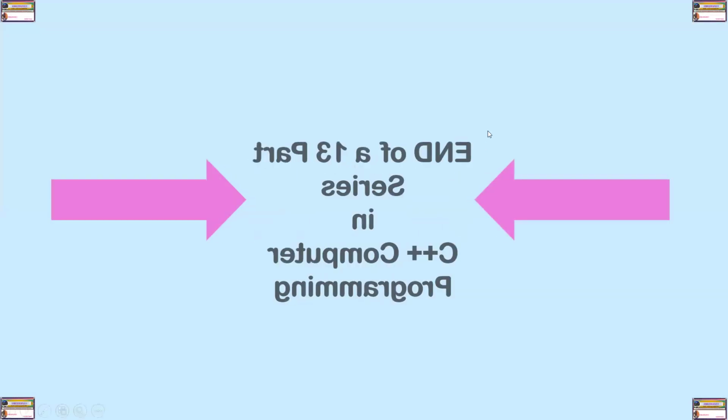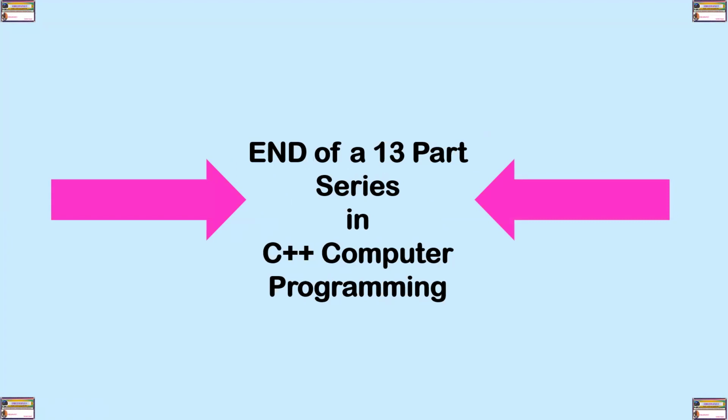And with that, my dear students and the rest of the learners, we have come to the end of part 13 of the 13-part series of tutorials or presentations in C++ computer programming. Just as a reminder, kindly go through part 1 of 13 to part 13 of 13 in this series so that you can then claim to have the mastery of programming using C++ programming language.